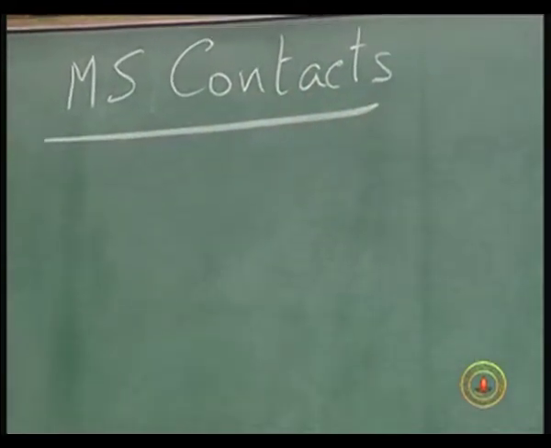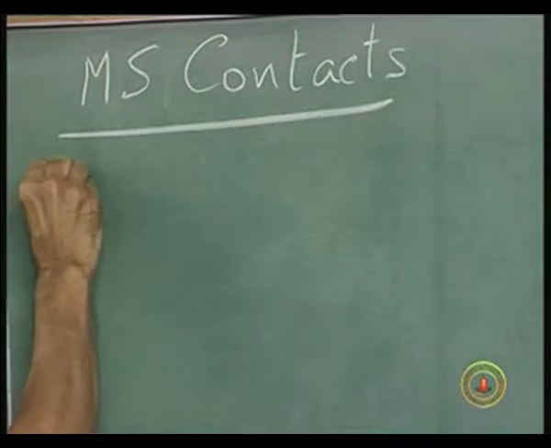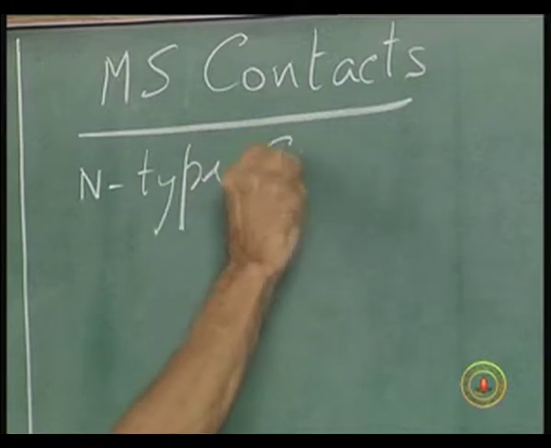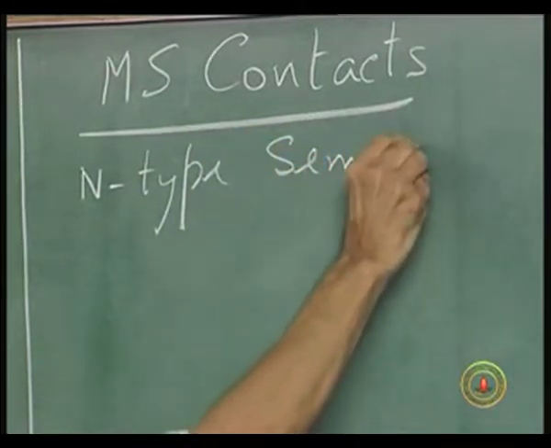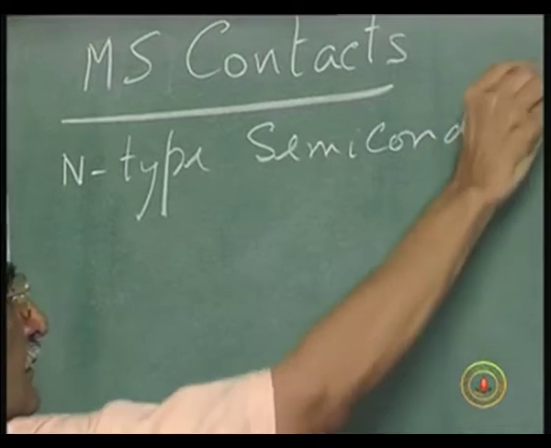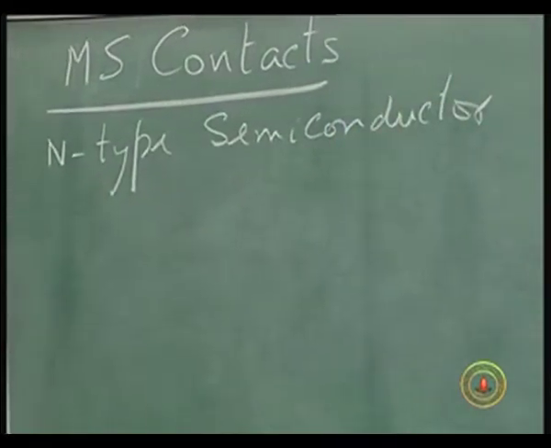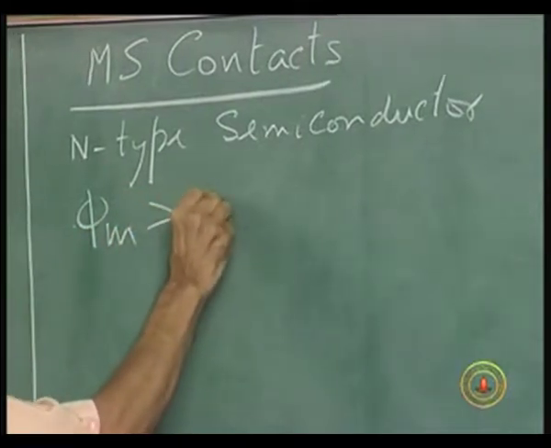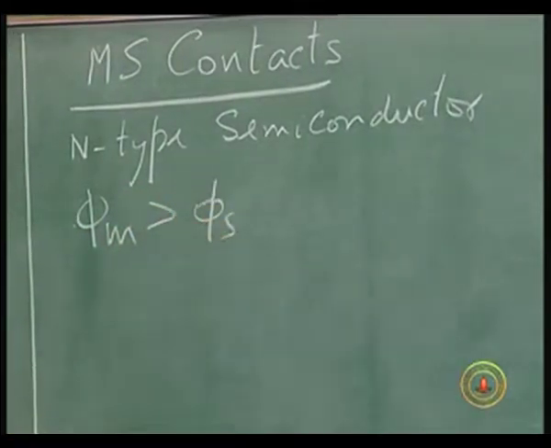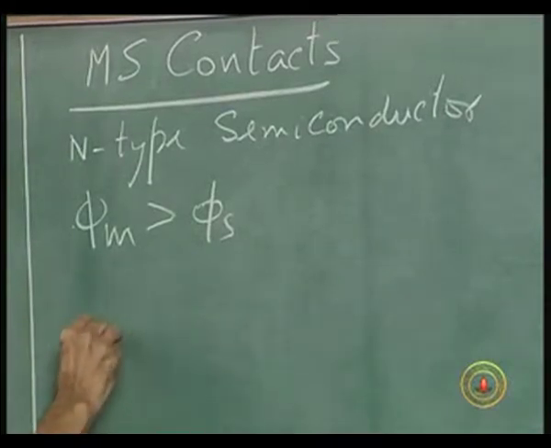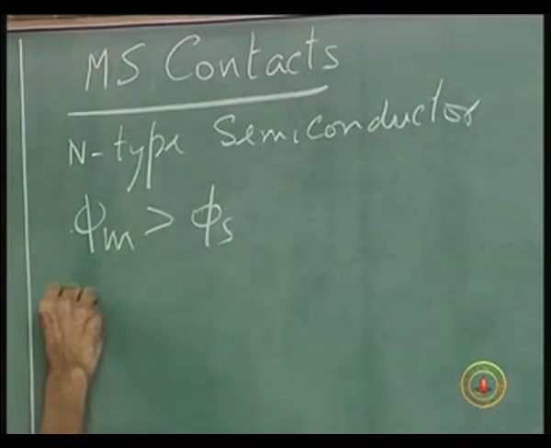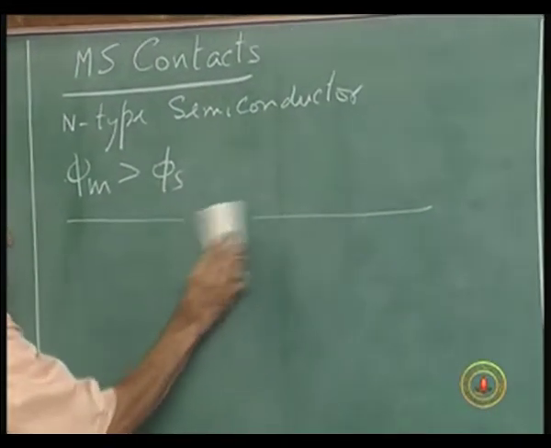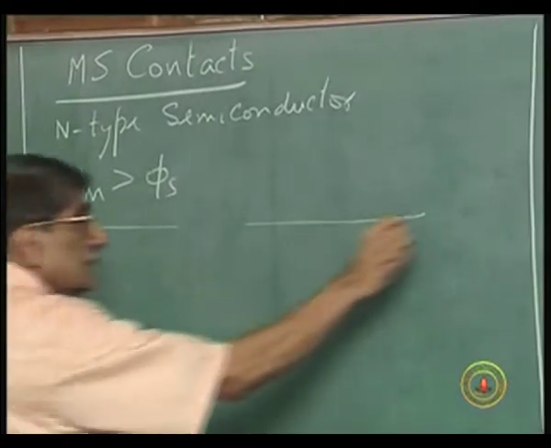With that general heading, we take n type semiconductor, which we have done, but some aspects I want to, and phi m greater than phi s. So, if you just draw once again, I will draw the diagram. You have the 0 level, okay, that is the 0 level.